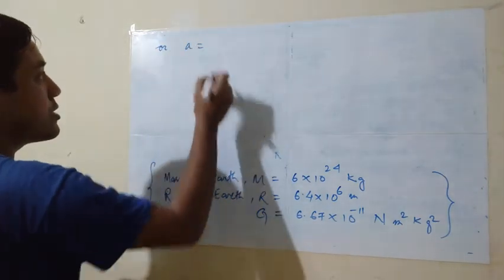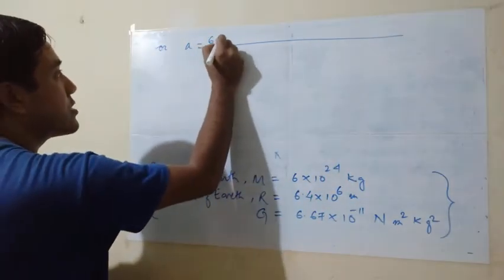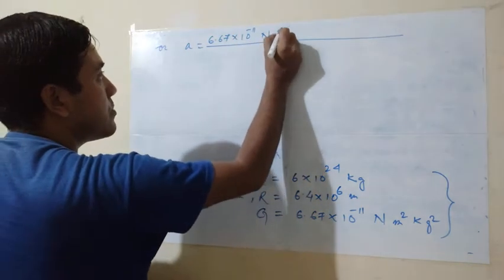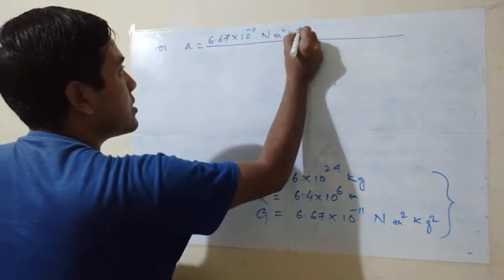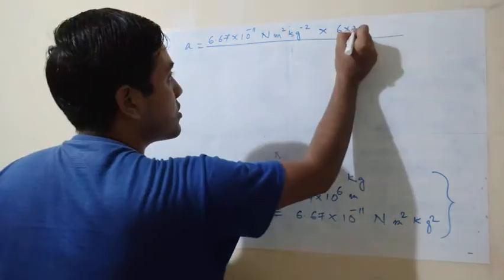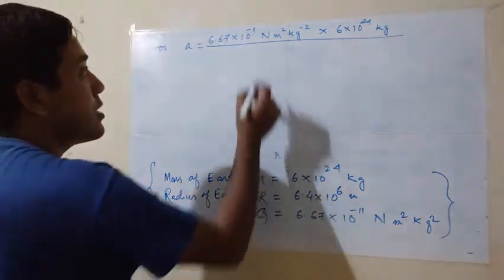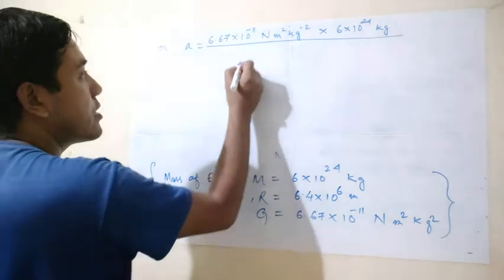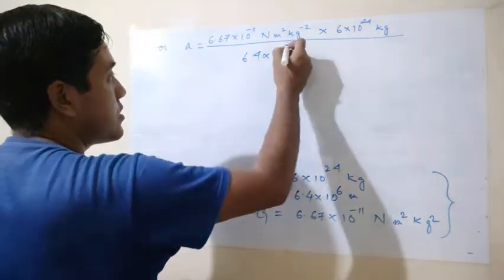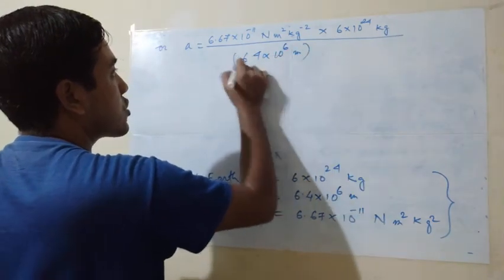A is equal to, in place of G, we can write 6.67 into 10 to the power minus 11 Newton meter square kg inverse 2, into mass of the earth 6 into 10 to the power 24 kg. Then the radius, 6.4 into 10 to the power 6 meter, whole square.